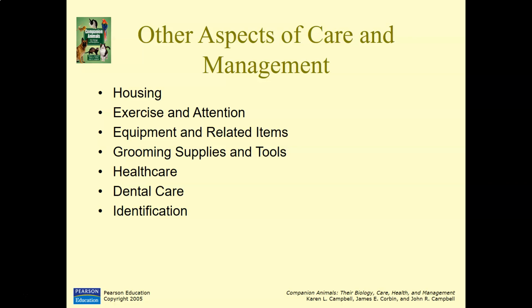Equipment or other related items. There's very different things that you might need depending on what you're going to be doing with your animals. So cats might be inside all the time, and so you might just have a collar on them, and that's one of the only things of equipment. But you also might need a cat carrier, or like a dog, a leash, a collar, some other things, training collars, things like that.